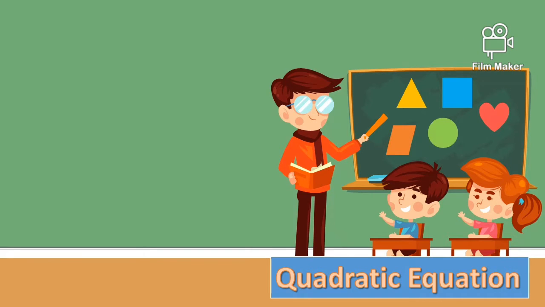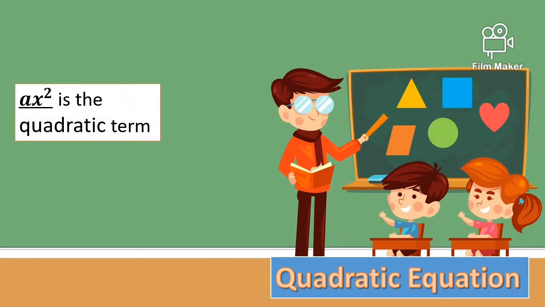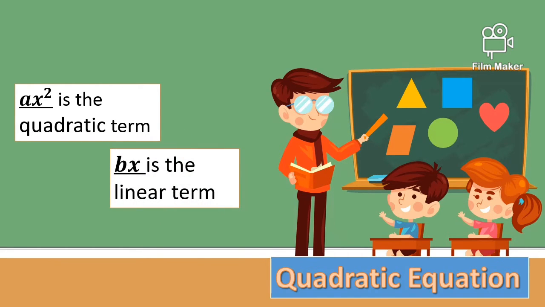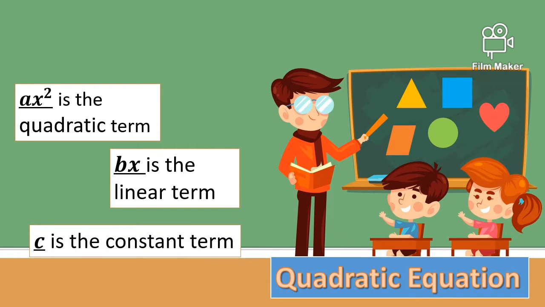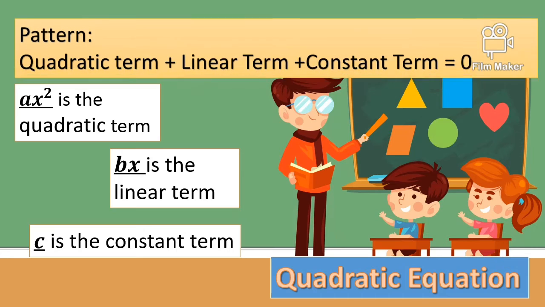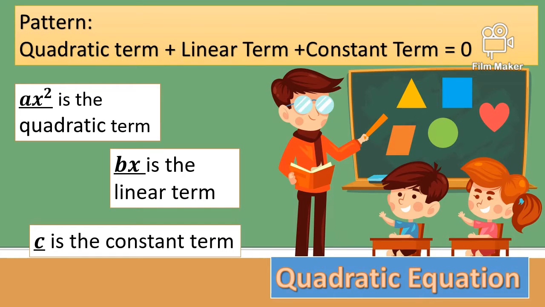A quadratic equation is composed of three terms. First, ax squared, which is the quadratic term. Second, bx, which is the linear term. Lastly, c, which is the constant term. Remember the pattern? Quadratic term plus linear term plus constant term equals 0.